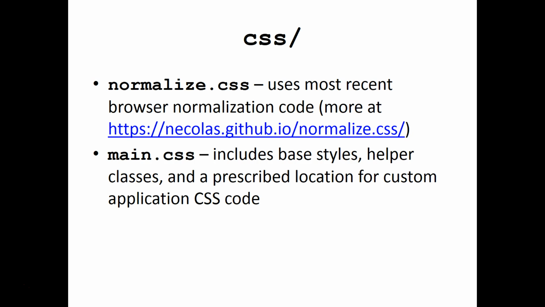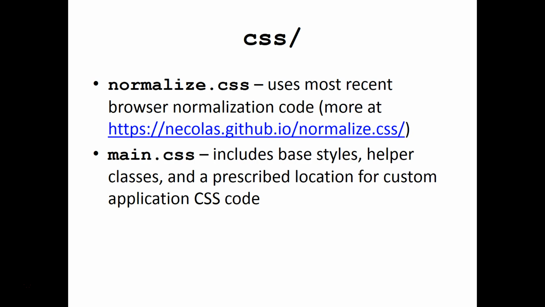So normalize makes sure all the browsers behave themselves. They're all rendering H1s, H2s, H3s the same size, the same fonts, the same colors, applying the same borders, padding, and margins around all the block quotes and quotes. It gets all the browsers to render things consistently, and then you start from there. So that normalize is there for you.